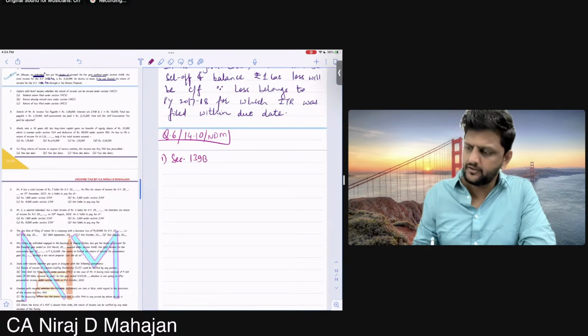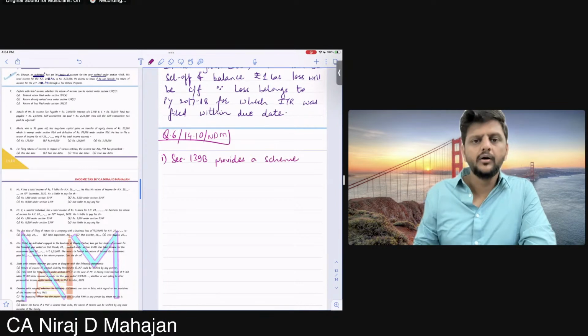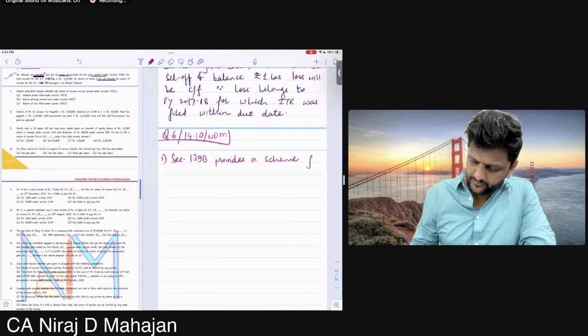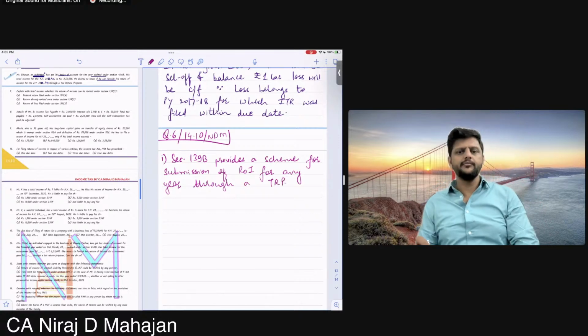Section 139B provides a scheme for submission of return of income for any year through a TRP, tax return preparer, है ना?